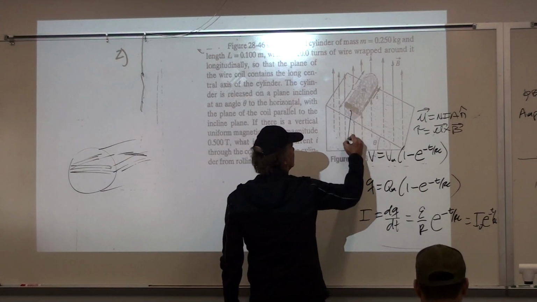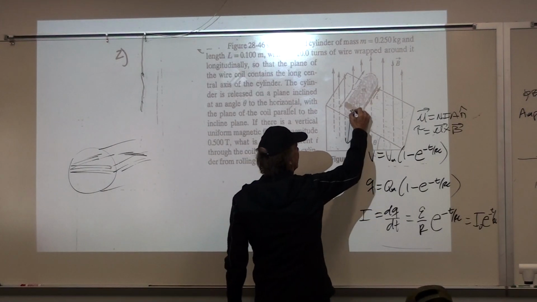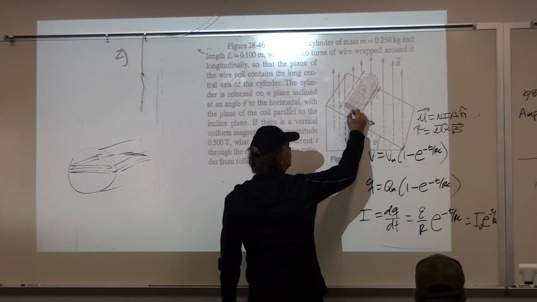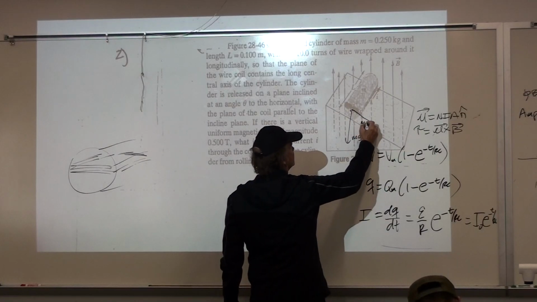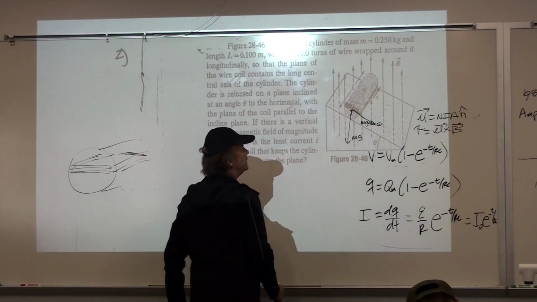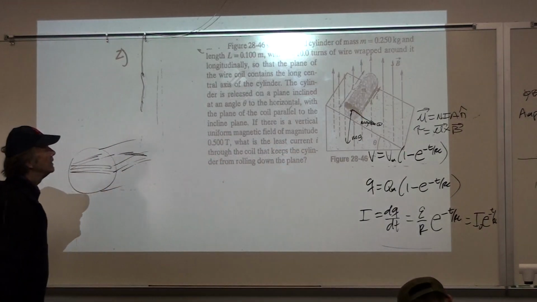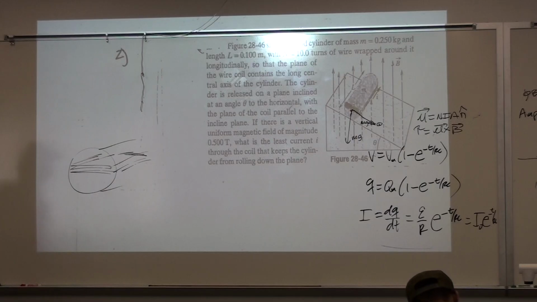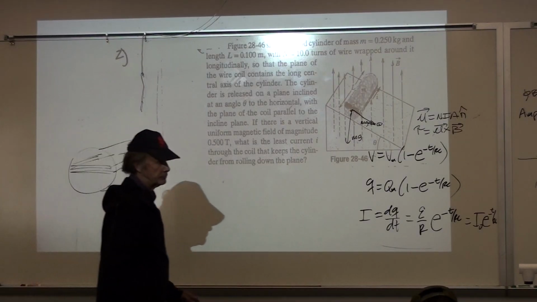So mg is going to be acting down this way, but the component of mg that's acting down the incline will be mg sine theta, and then that'll act through some radial distance r. So you need to set those equal to each other and then find the current so that this thing will hold itself in place. So that's problem 2.